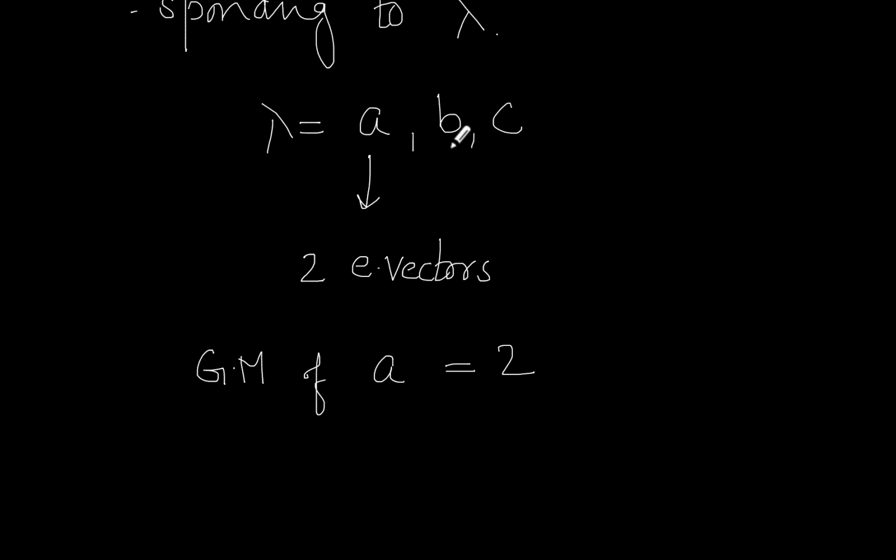That means you just have to see how many eigenvectors correspond to the eigenvalues of the matrix. So that is called the geometric multiplicity.